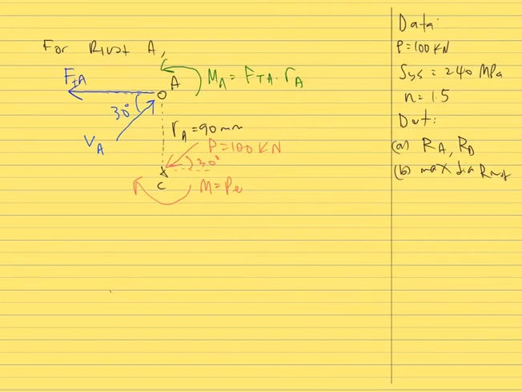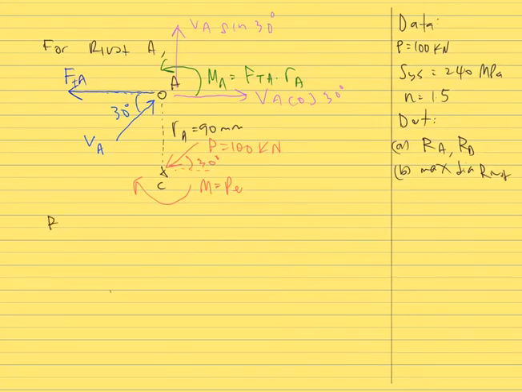So we need to resolve direct shear force VA into X and Y component. So this is the X component for VA, so VA cos 30 degree. Then this is the direction of Y component upwards, so VA sin 30 degree.